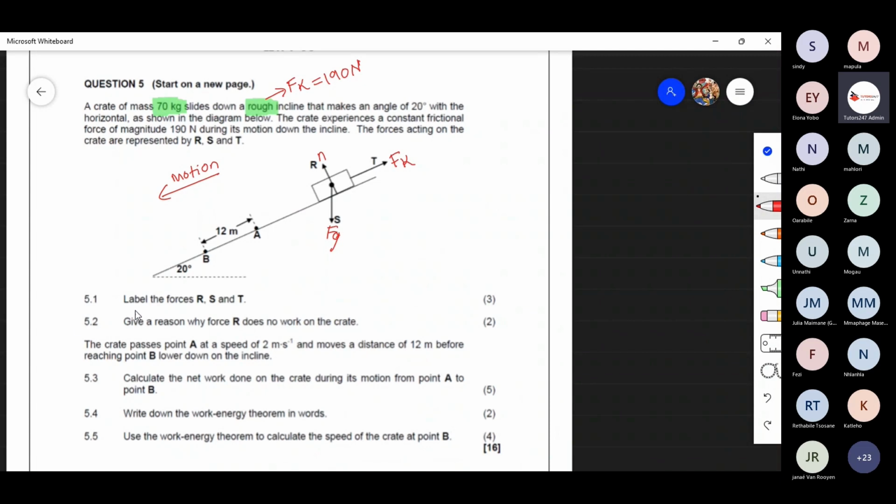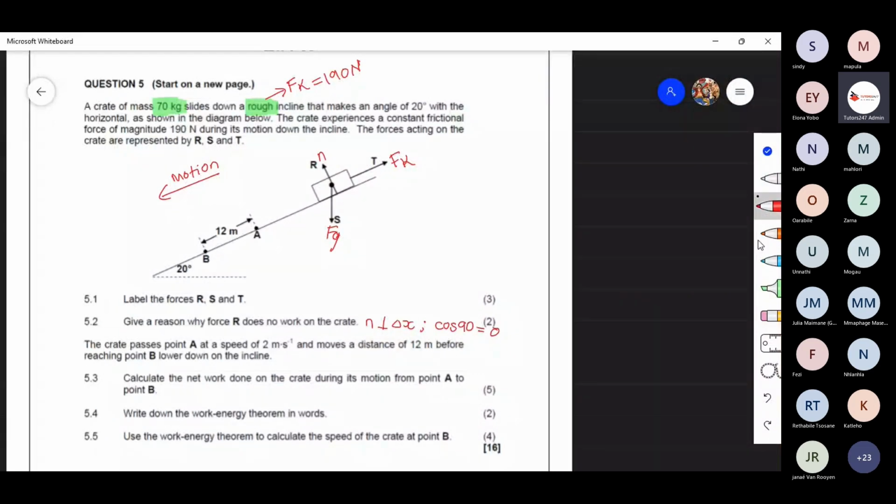So the answer to 5.2 is that normal force is perpendicular to displacement, therefore cos 90 equals 0. Or you can just say that normal force is perpendicular to displacement. That is why we will end up with 0 work by normal force.